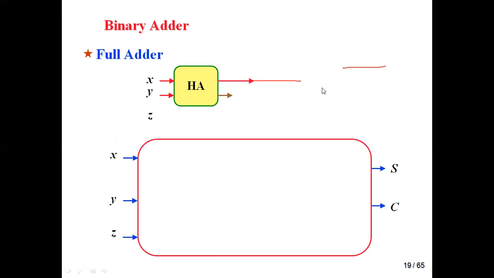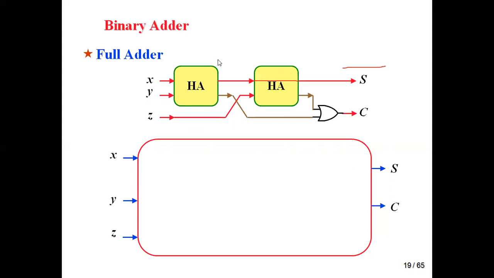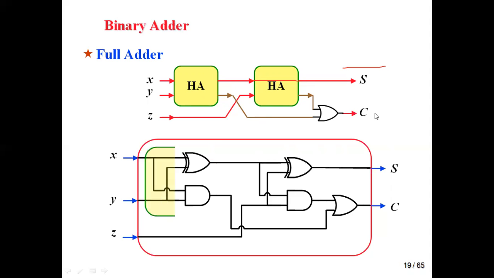As I already said, a full adder can be designed by using two half adder circuits, half adder 1 and half adder 2. So X and Y are added, and the resulting sum is again added with Z. Then this is the final sum. Then the carry of this and this are added. That's all. So this is the full adder using two half adders.